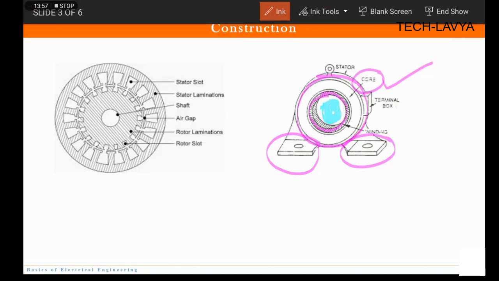Fine. And this is the top view. So this is how it looks from the top view. So you have the rotor slot, you have the stator slot, etc.